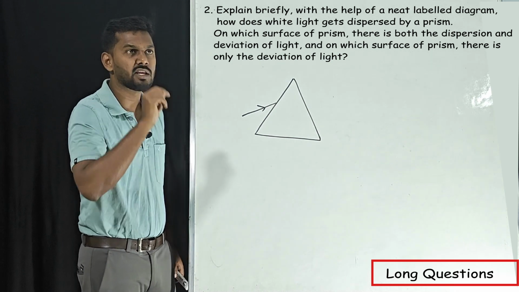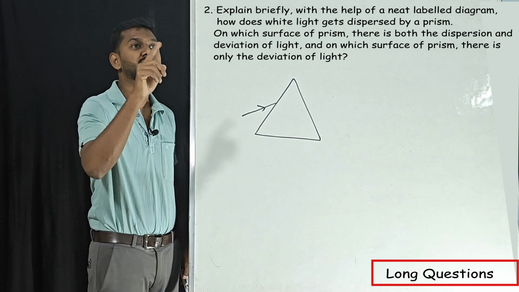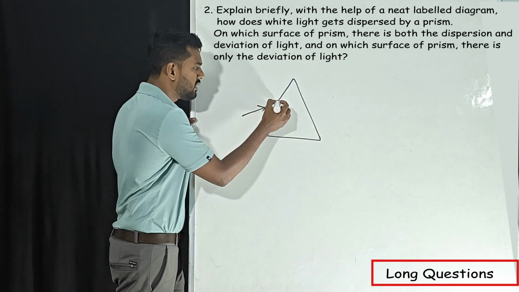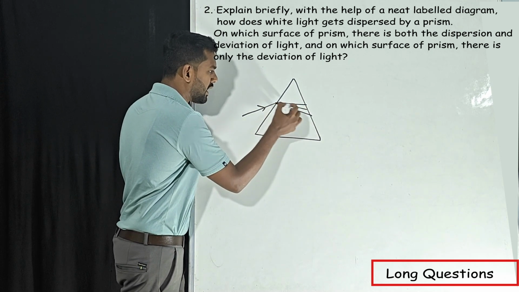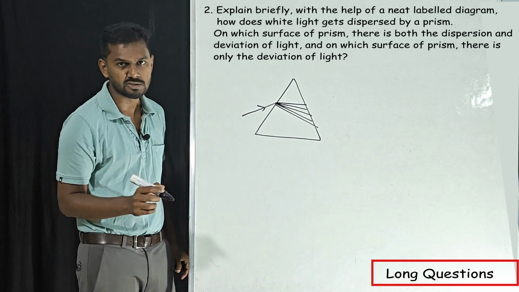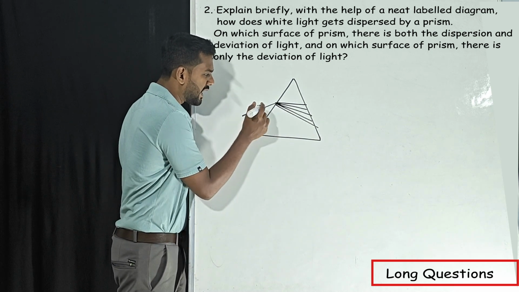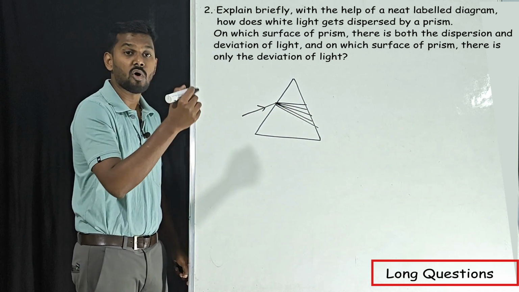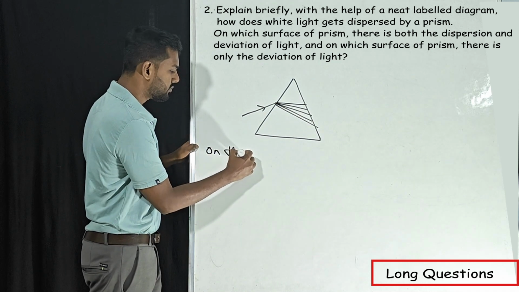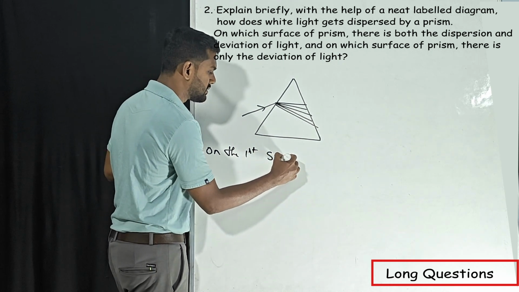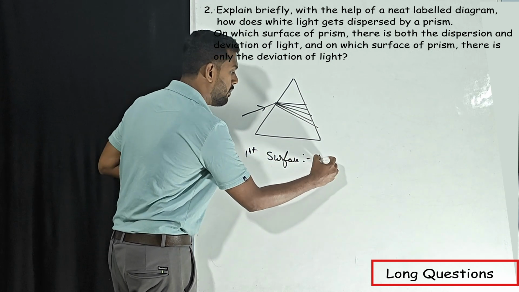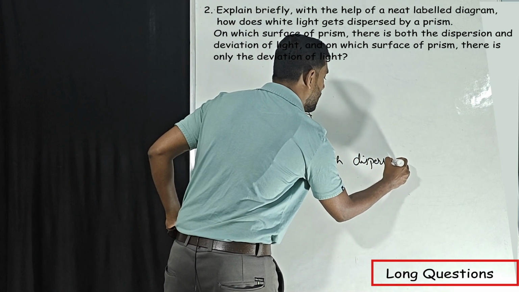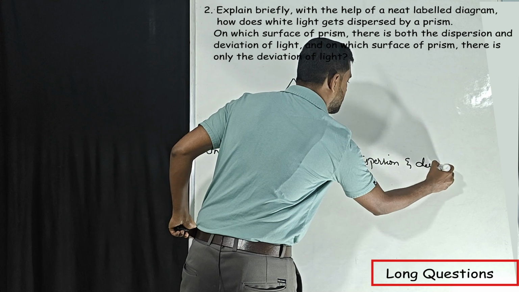So on which surface is there both dispersion and deviation of light? When the light enters here, the colors will start splitting. Splitting is nothing but dispersion, and there is a change in angle too. This is the incident ray. So on the first surface, both dispersion and deviation take place.